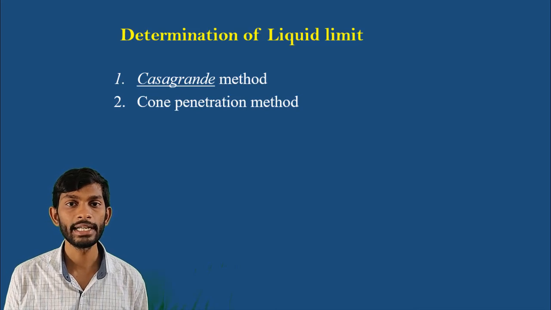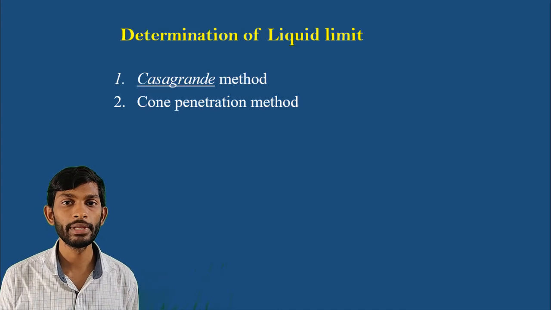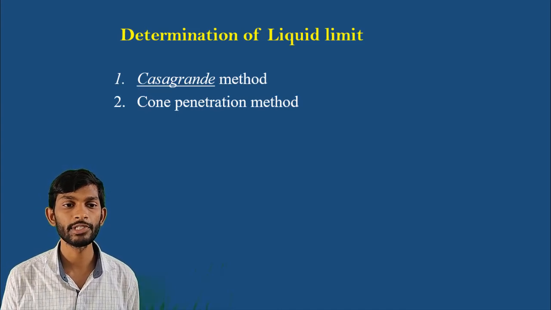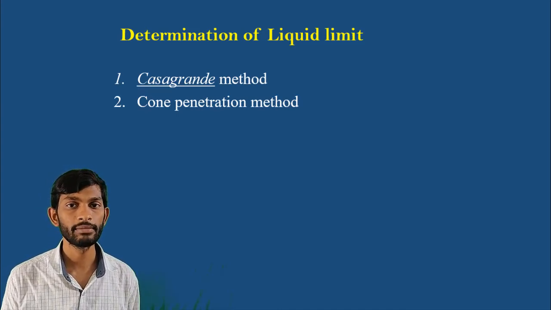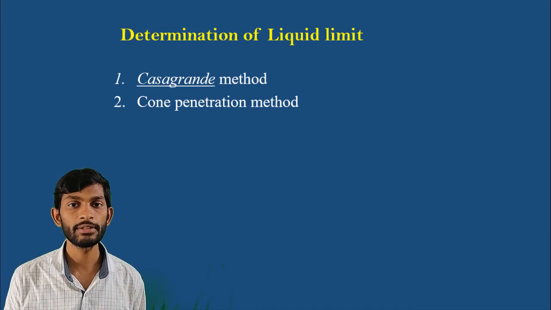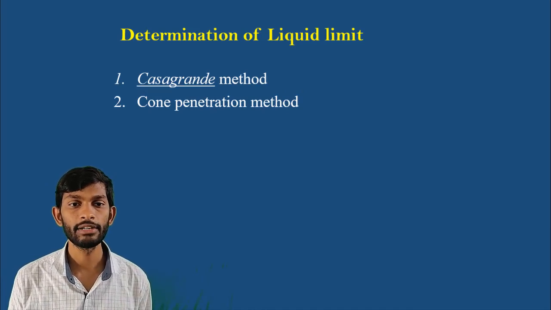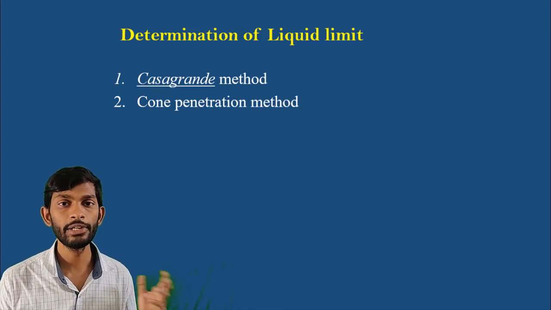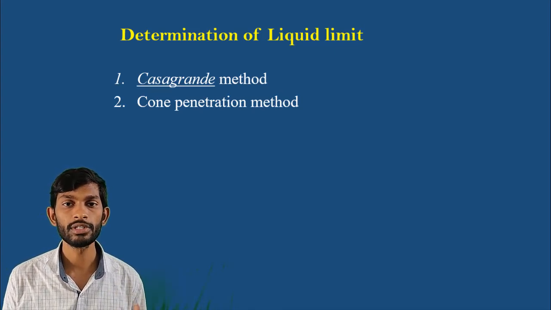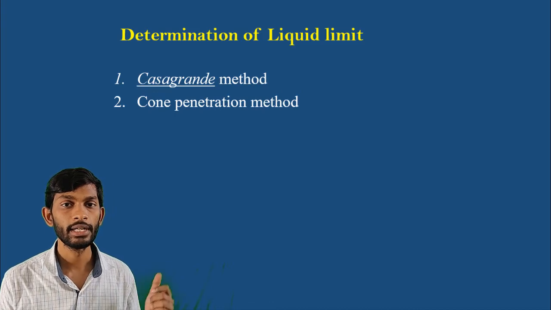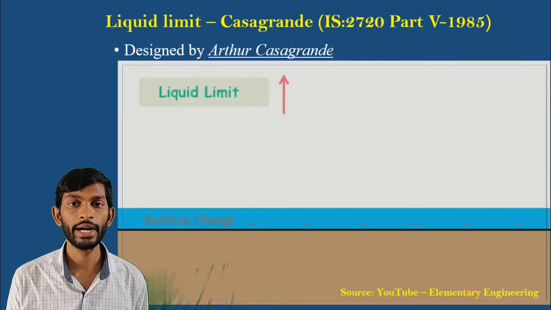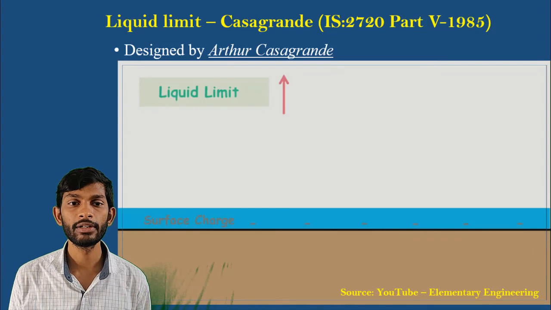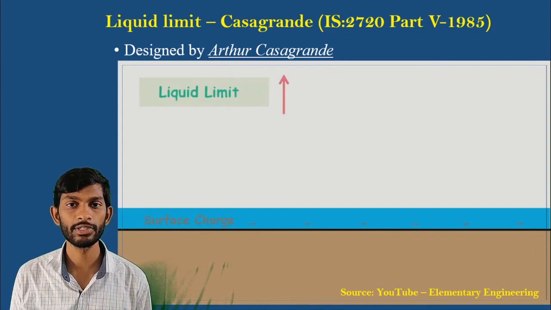We also have one more method, the cone penetration method. However, we don't generally use the cone penetration method; most of the time we prefer the Casagrande method to identify the liquid limit of a soil.